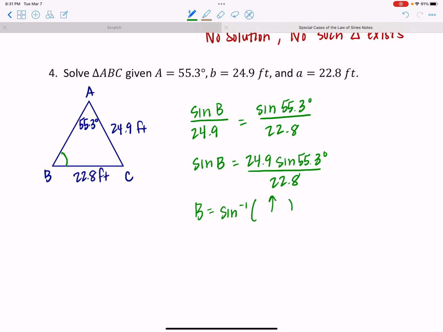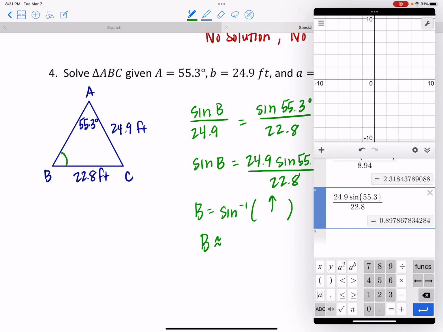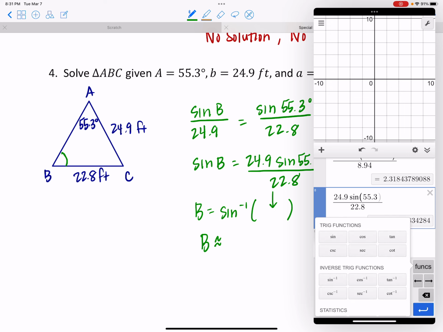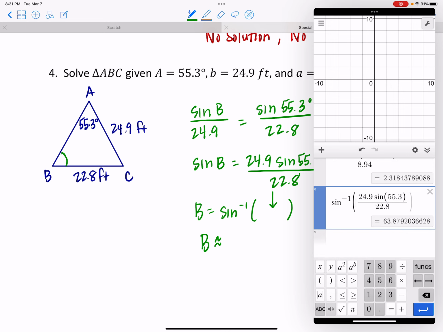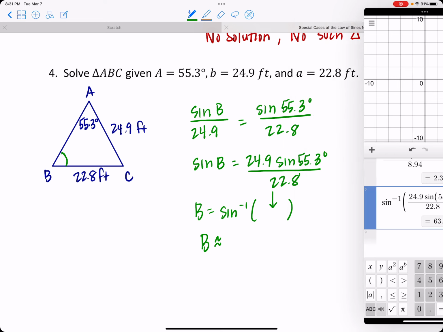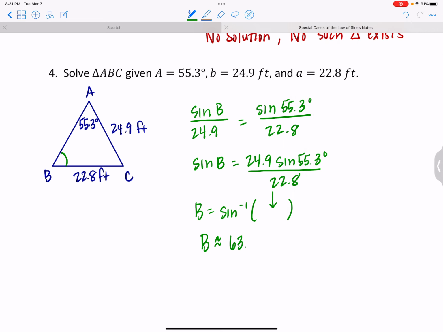I'll put a down arrow, since I've got that expression in my calculator already. I'm just going to put my inverse sine right in front of this. Inverse sine, and then I get my angle. Again, just make sure you're in degree mode. It is about 63.9 degrees.